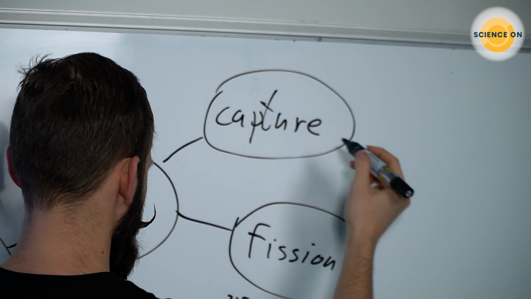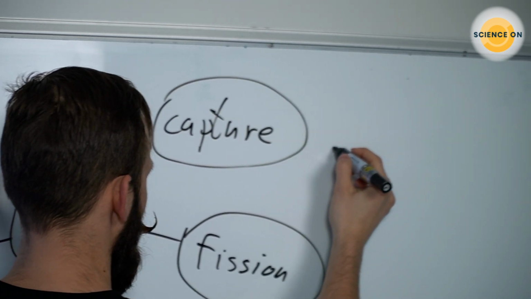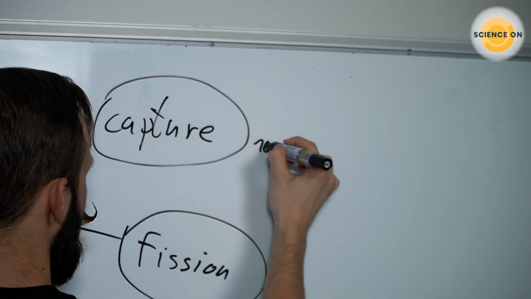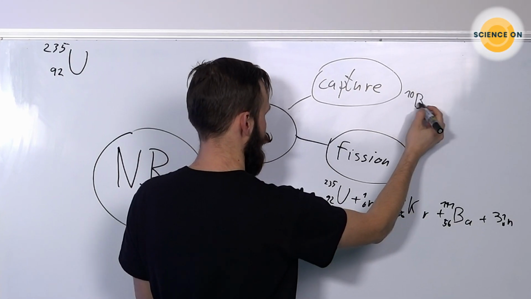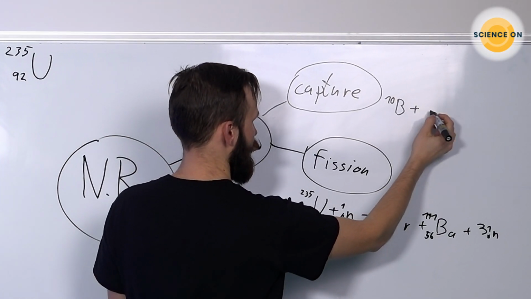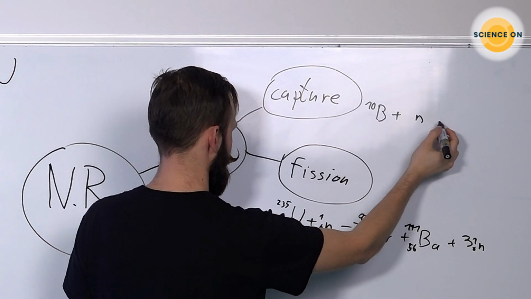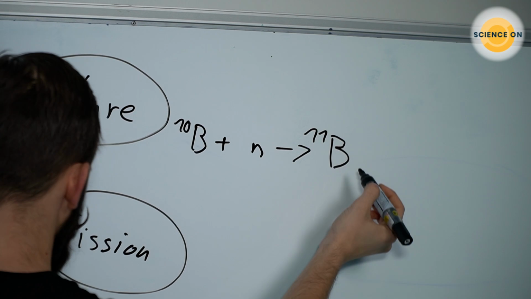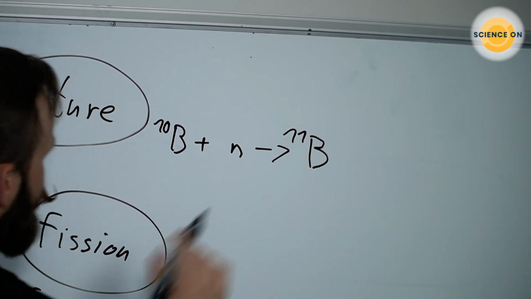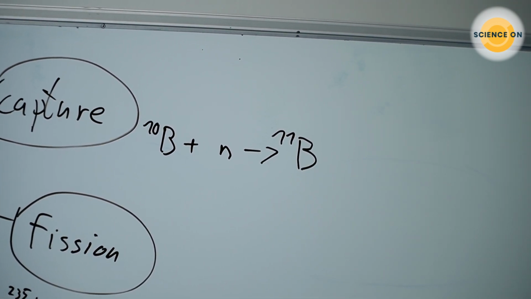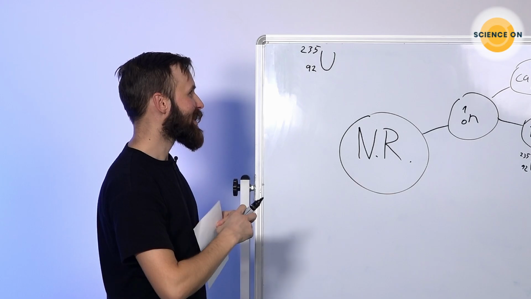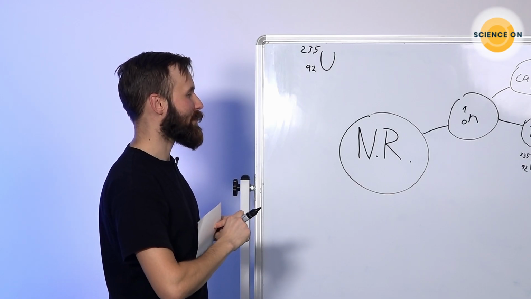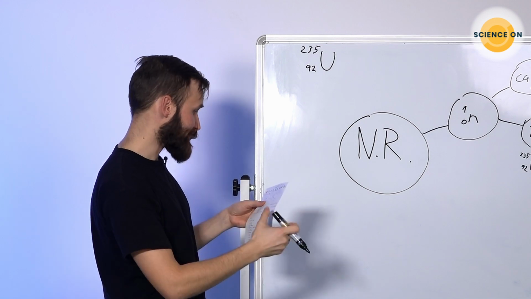And also we got the capture with the boron, capture reaction, which means there was a boron with 10 protons and neutrons, and we just hit it with a neutron, and it led us to boron 11, which is also stable, and the remaining energy just vanished with some gamma rays.